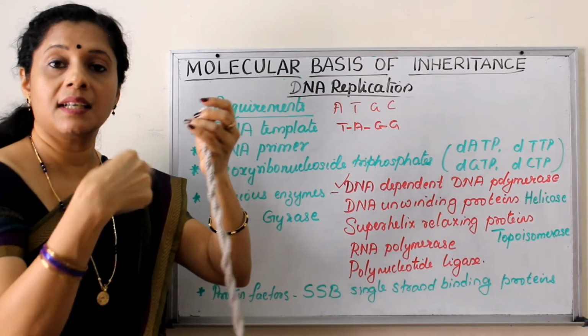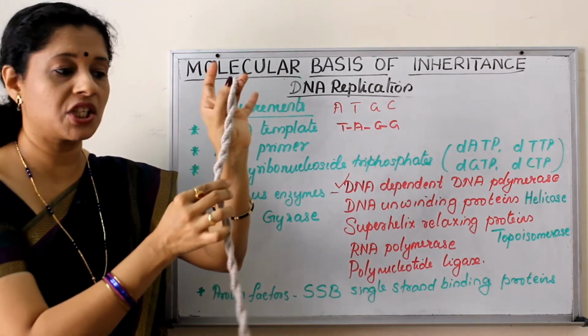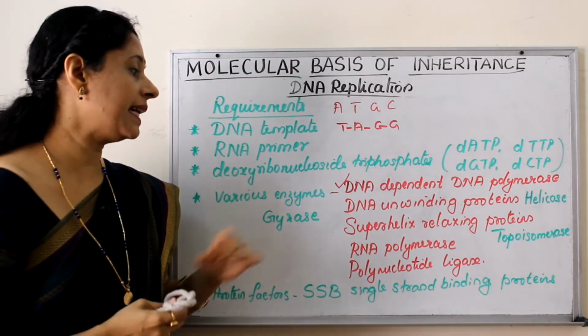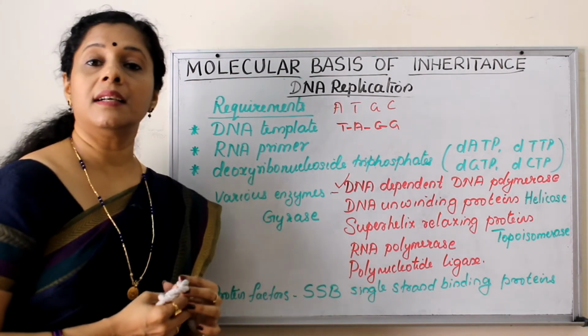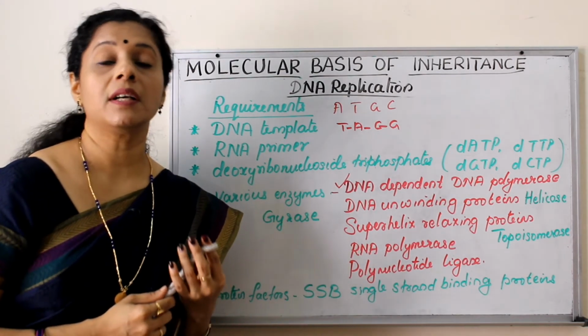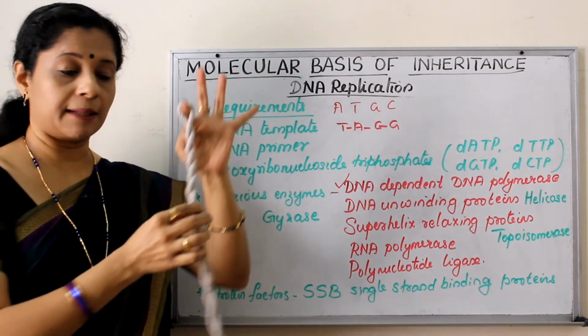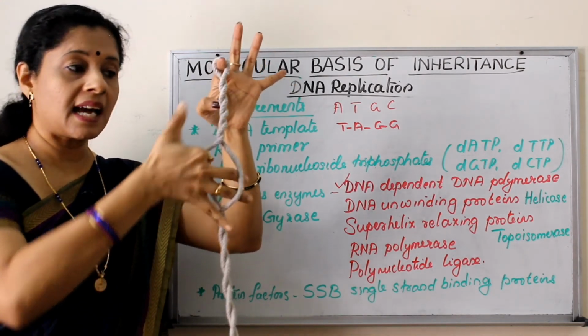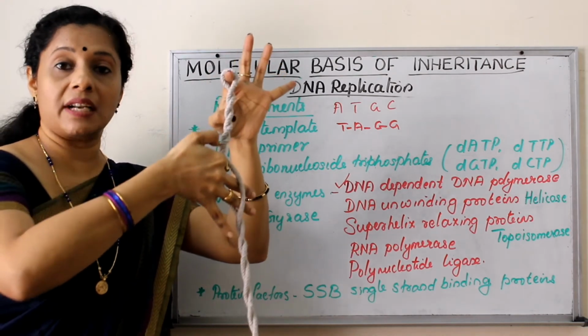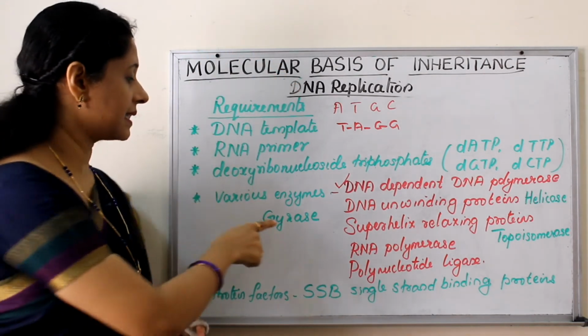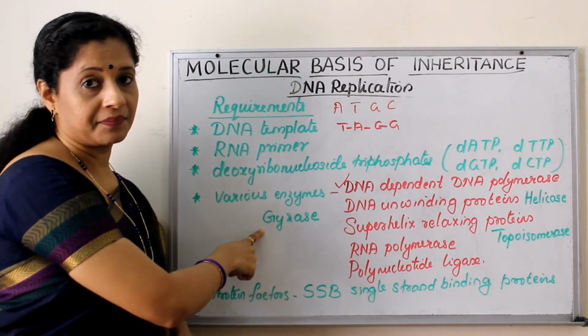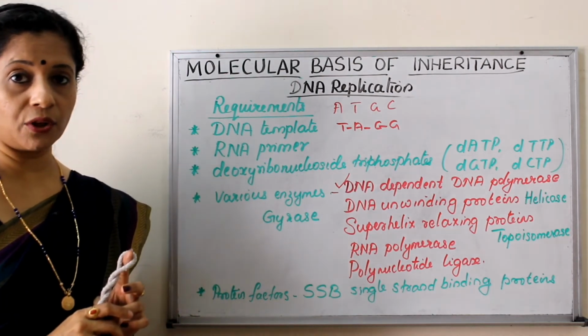One cut, unwind, join back, so tension is released. So that supercoiling tension is relaxed by the topoisomerase in case of eukaryotes. When it comes to prokaryotes, for them the opening of the helix and the tension release both are done by a single enzyme called a gyrase. Okay, so hope that is clear for you.